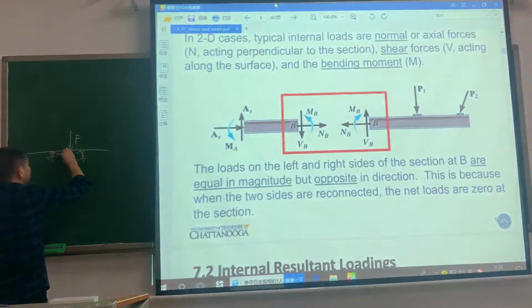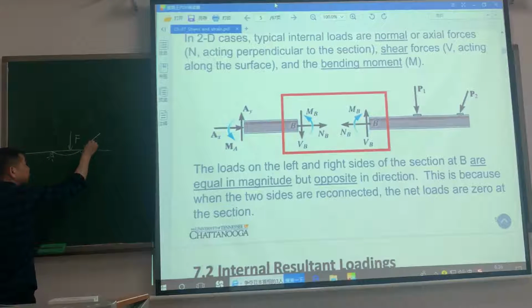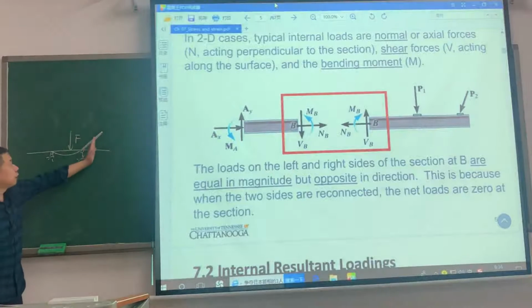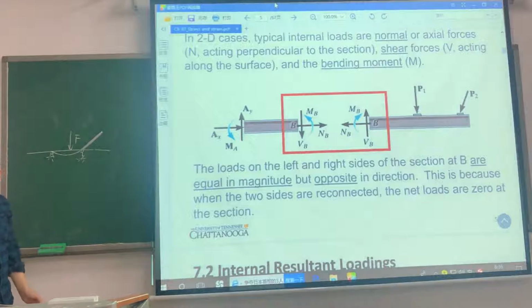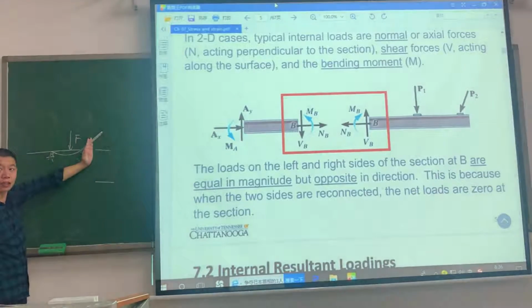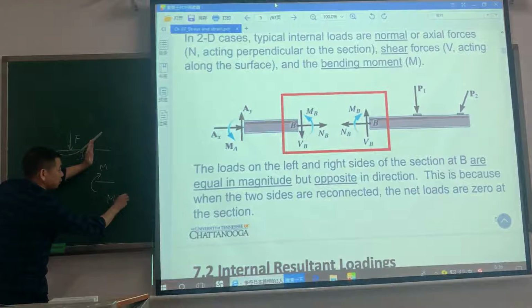But for this part, it must be a straight line, because there is no moment. You cut it, there is no force, so the moment must be 0.